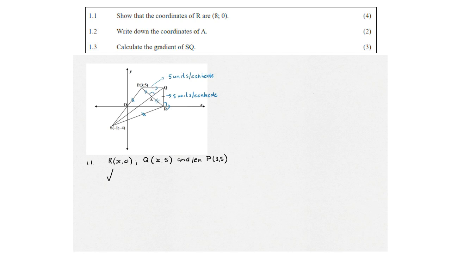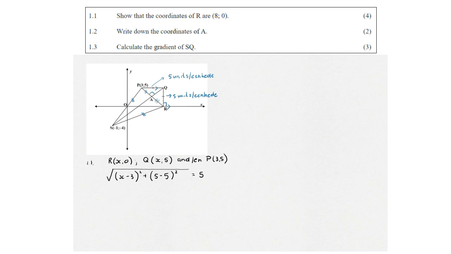And now we can determine the length of QR using these coordinates, and then we put the length equal to 5. So the length of QR is equal to the square root of the difference in the x-coordinates of Q and R squared plus the difference in the y-coordinates of Q and R squared. And this is equal to 5.